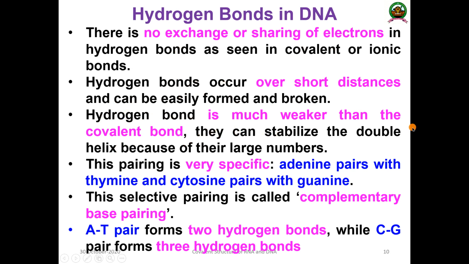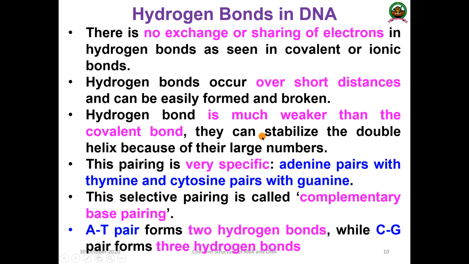They can stabilize the double helix because of their large number. A lot of hydrogen bonds are produced in a DNA double helix. Although these hydrogen bonds are very weak, once they form together, they are able to stabilize the double helix.